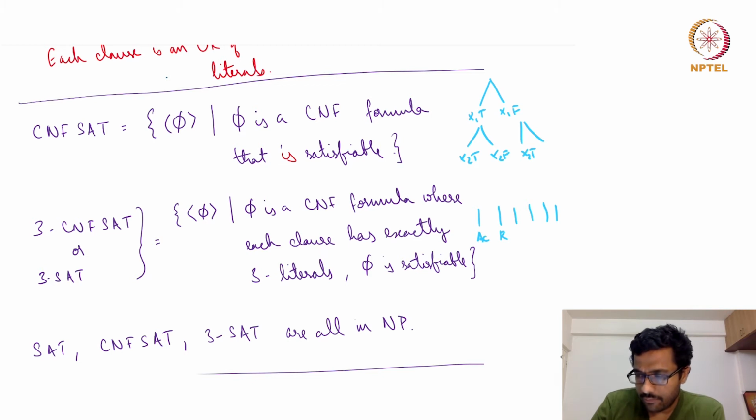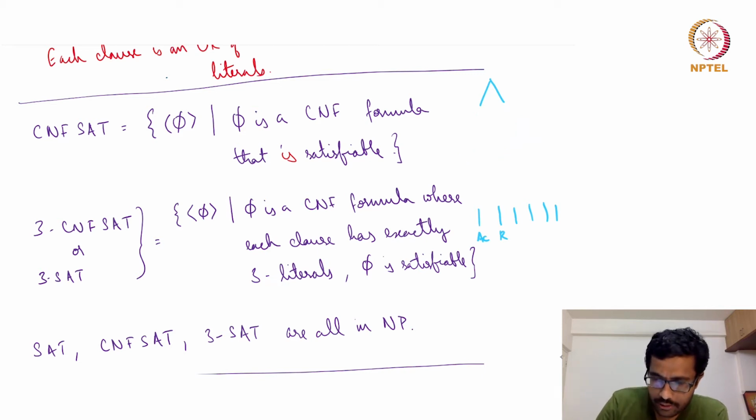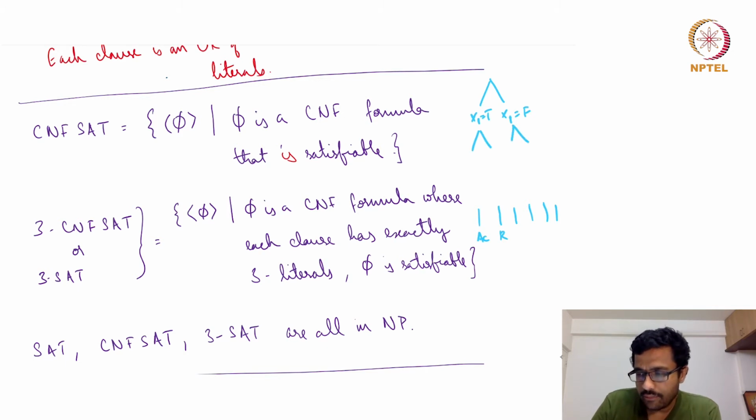You could have a non-deterministic Turing machine like this. First, decide x1. What should x1 be? Should x1 be set to true, or should x1 be set to false? Basically, it is non-deterministically choosing whether each variable has to be true or false, right?